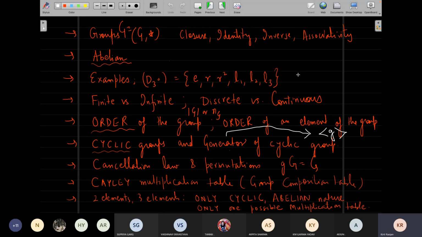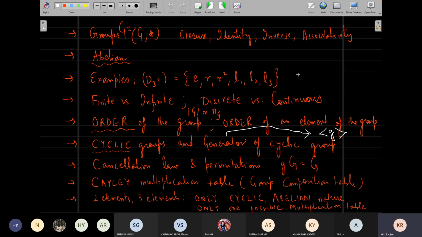So we started with this group theory, unit 4, where we defined a group as having a non-empty set along with a binary operation, ensuring that 4 of these axioms are satisfied: closure, identity, which is unique in the whole group, inverse, which is unique for each element of the group, and associativity.